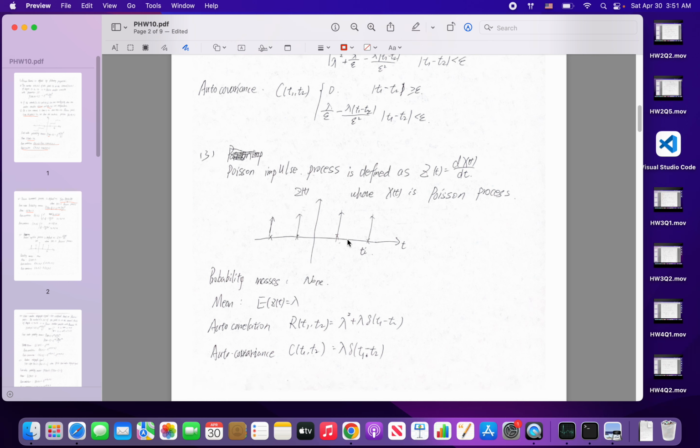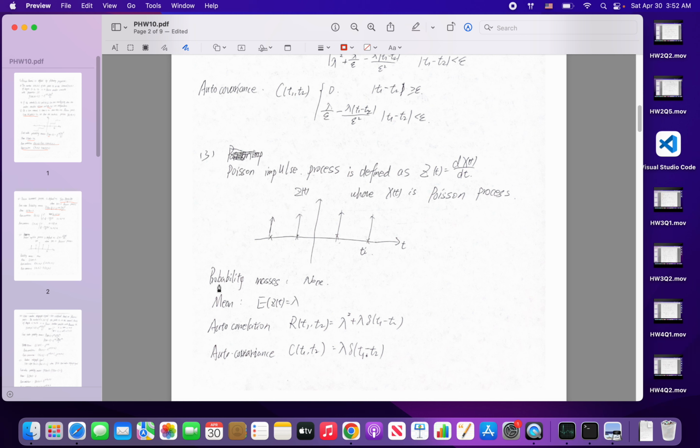And for question 3, the Poisson impulse process is defined by this. It is a derivative of the Poisson process. And the graph is like this, and now it isn't defined.